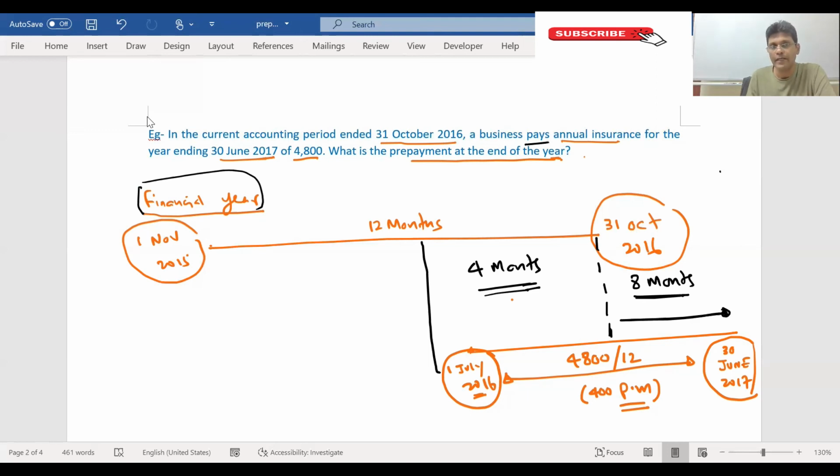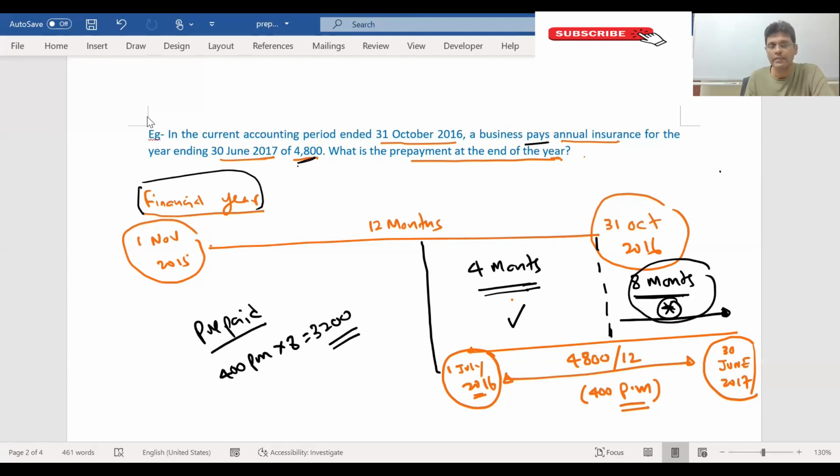Since the company has paid 4,800, including the current 4 months and the future 8 months, therefore these 8 months have been prepaid. So that will be 400 per month times 8. So that will be 3,200. So $3,200 has been prepaid in this particular scenario.